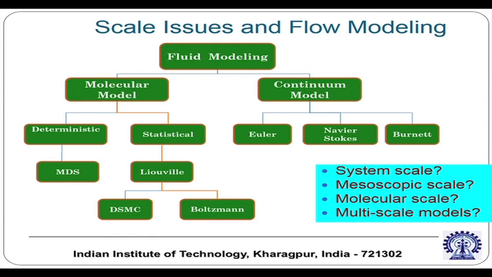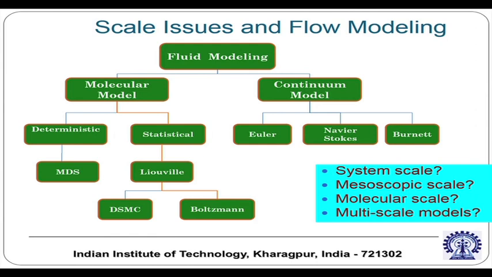So, which modeling strategy should one use? Ideally there is no rigid answer to this question, it depends on several other questions. For example, what is the system scale, what is the molecular scale, what is the mesoscopic scale? Of course everybody knows what the molecular scale is, but the question is whether capturing the phenomena over the molecular scale is important to capture the physics of the problem.